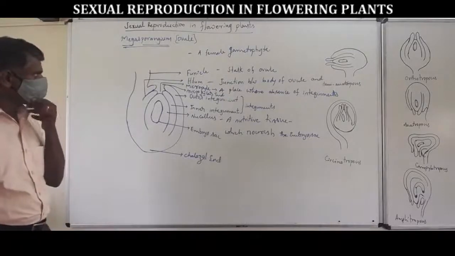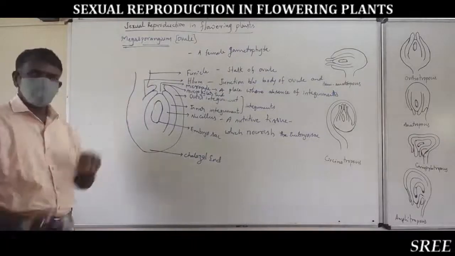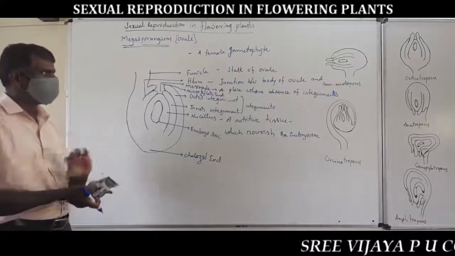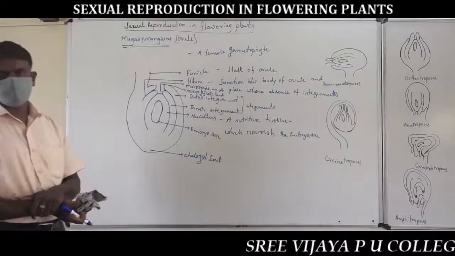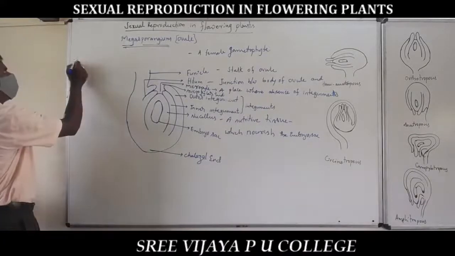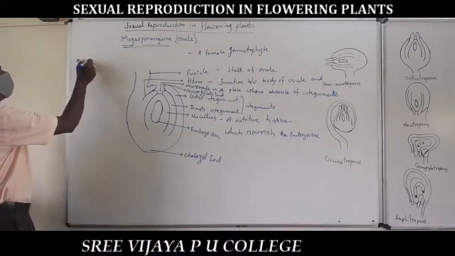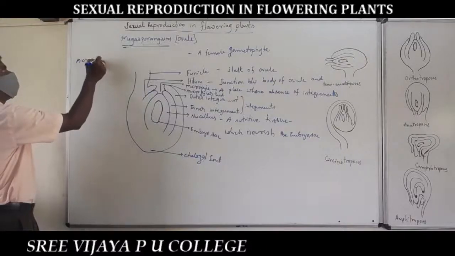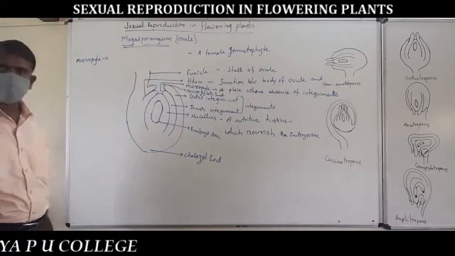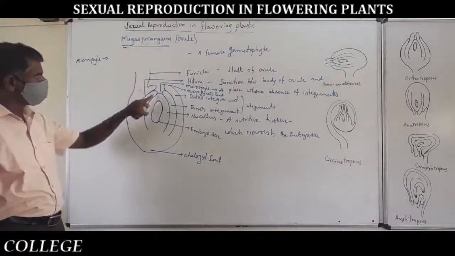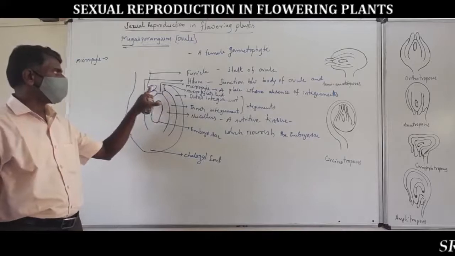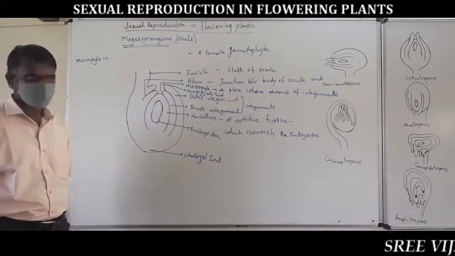So here, micropyle is the space or a point or a place where there is absence of integuments. This micropyle is formed by either both integuments, or a single integument, that is either the inner integument or the outer integument.